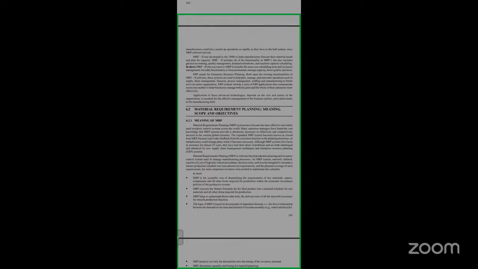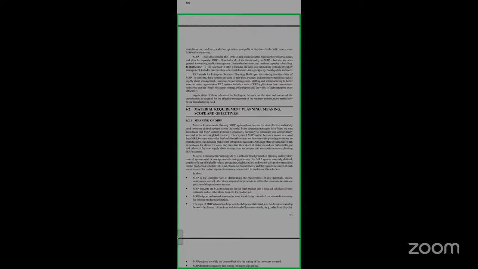So both have to be kept in mind, and as per that the raw material has to be issued. Here in this MRP system, it is narrowly defined, consisting of a set of logically related procedures, decision rules, and records designed to translate a master production schedule, meaning how you are going to order that raw material, into time phased net requirements.